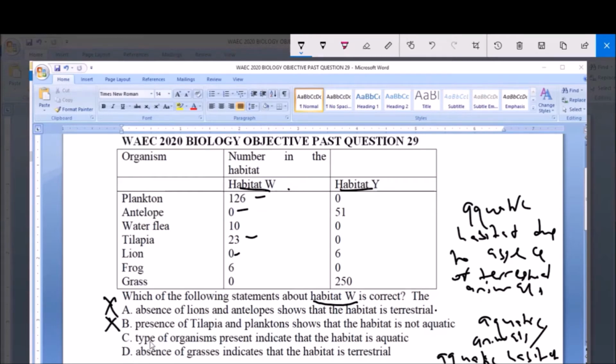Now, option C, type of organisms present indicates that the habitat is aquatic. Now let's look at the type of organisms present. You have planktons, you have water flea, you have tilapia, and you have frog.